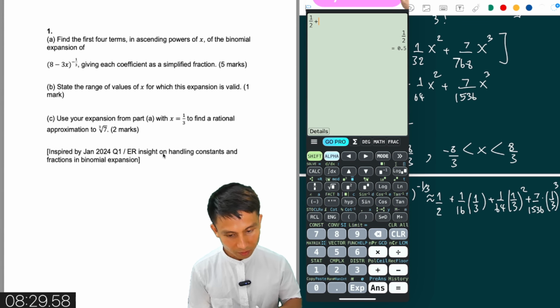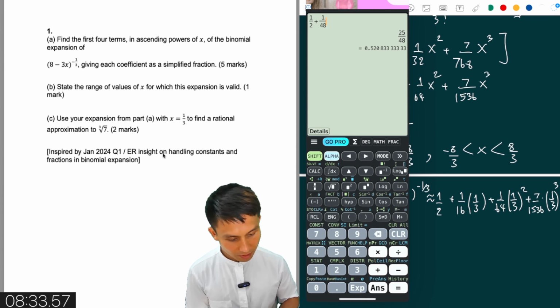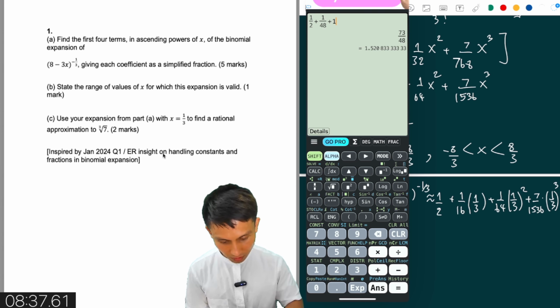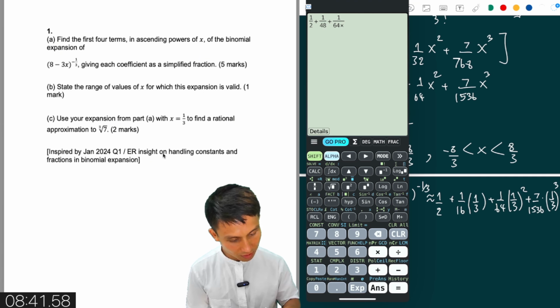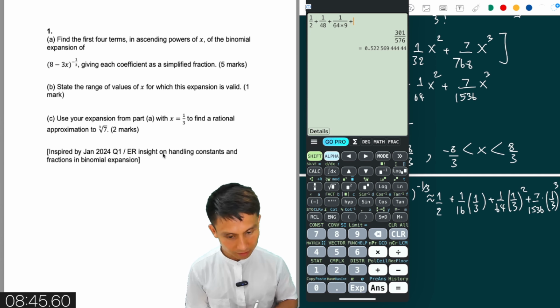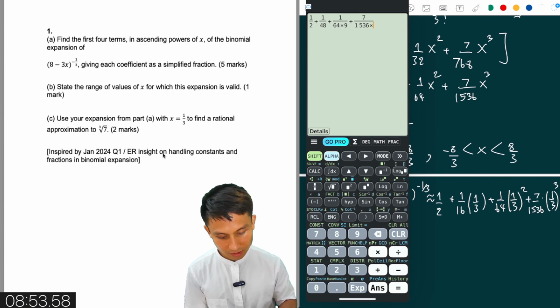So that's 1 over 2 plus 1 over 48, and then plus 1 over 16 times 1 over 9, so 9 on the bottom, plus 7 over 1536 times 3 to the 3, which is 27.